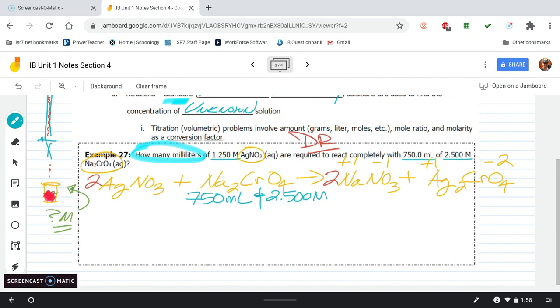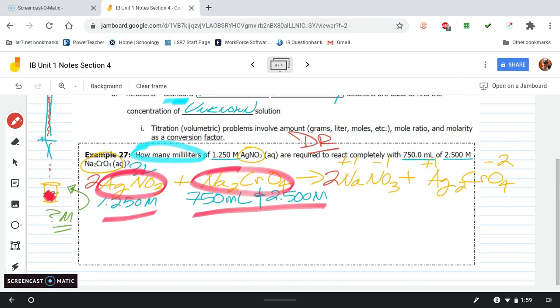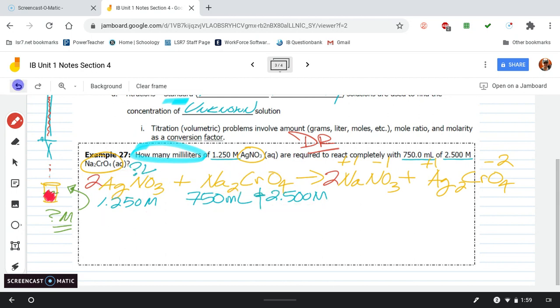And we're trying to figure out about the silver nitrate, and the silver nitrate is 1.250 molarity, and we're trying to figure out how many liters of this stuff it takes to neutralize the other. So basically, how much of this does it take to neutralize that? We know the data here, and we know the strength here, but how much of this do I need? How much am I going to be required to use? And so that's basically what we're after.